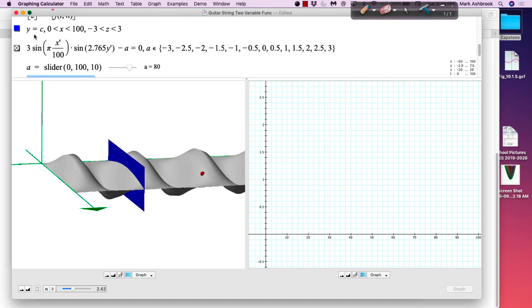And what was the x coordinate again? It's the distance, in millimeters down from the end of the string. So when I take that blue plane and cut it for a constant y value, a constant moment in time, what does the picture show now? It shows at that time your distance from the end of the string and the displacement.